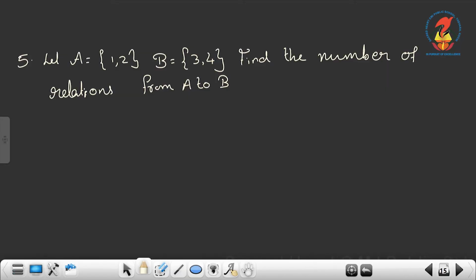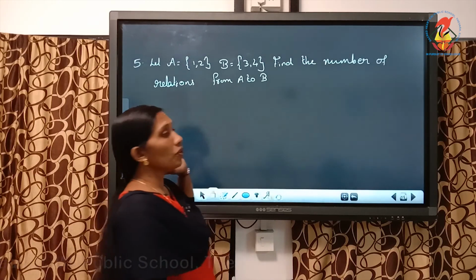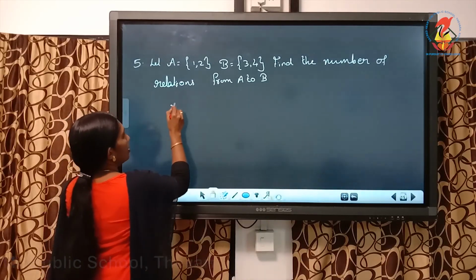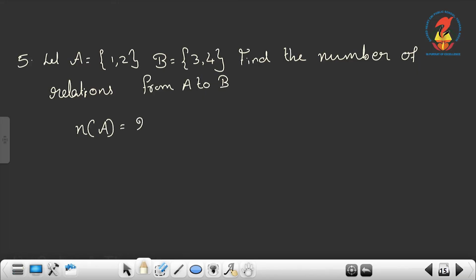Now the next one. A is equal to the set {1, 2}, B is equal to the set {3, 4}. Find the number of relations from A to B. R is a relation from A to B. We have to find the number of relations. The number of elements in A is 2, the number of elements in B is 2. What is the number of elements in A cross B? 2 into 2, that is 4.